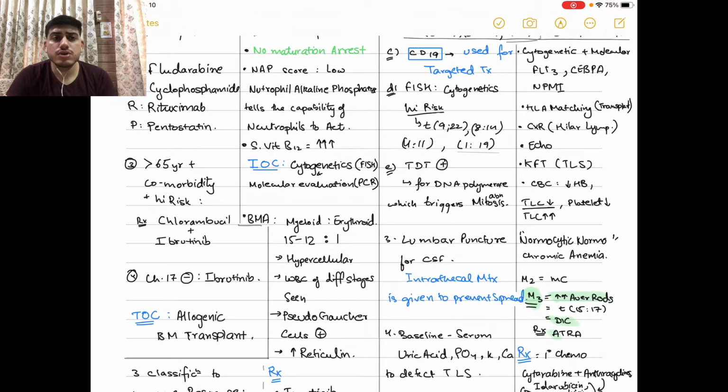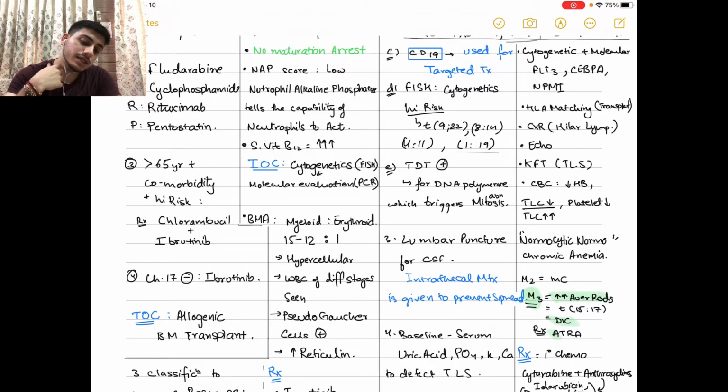As I already told you, the neutrophils will grow, and to mention, it won't be that the number will be more, but the cells won't be mature enough to perform their action. So the neutrophil alkaline phosphatase score tells you if the neutrophil is capable of doing the function. If the cell is not capable, the score will be low.